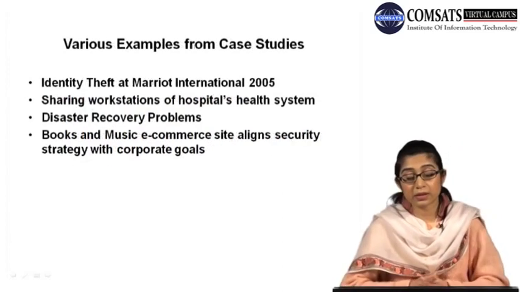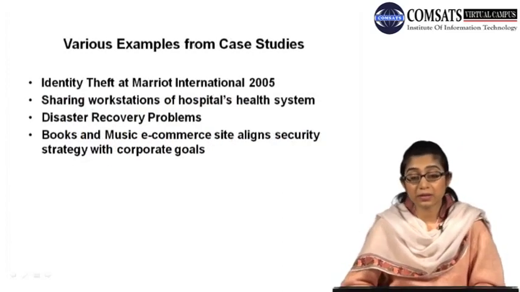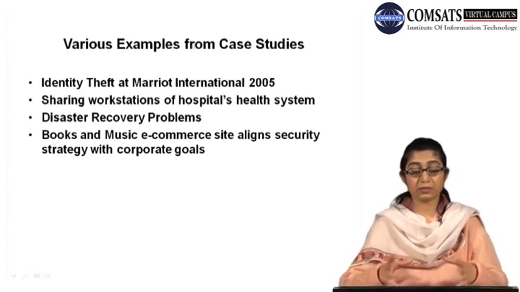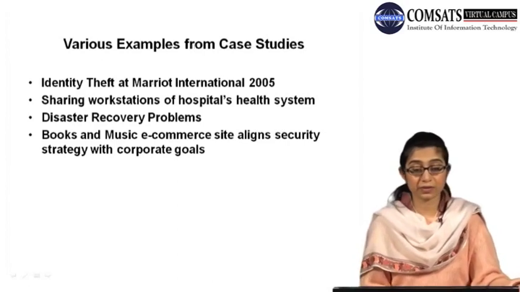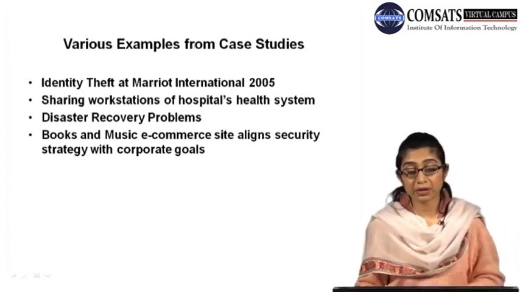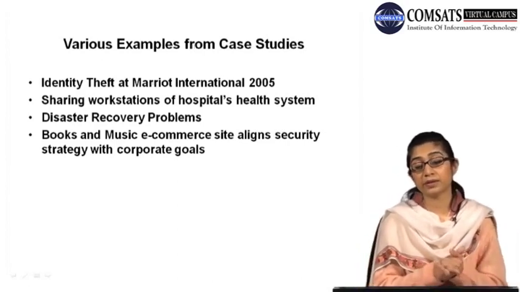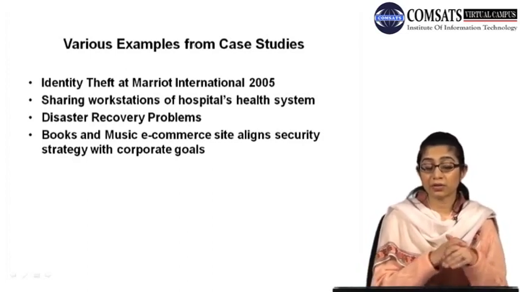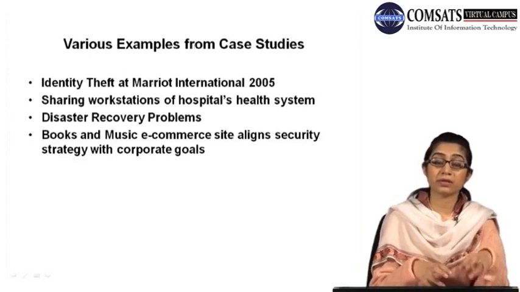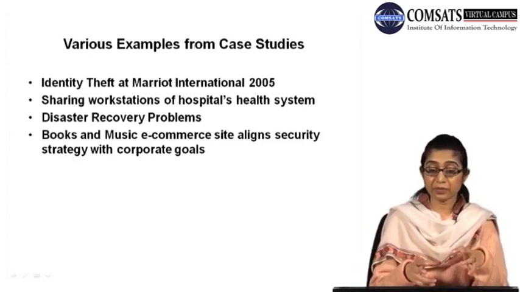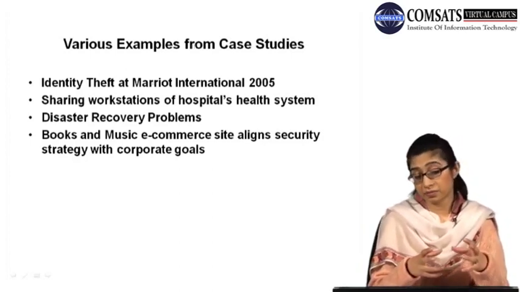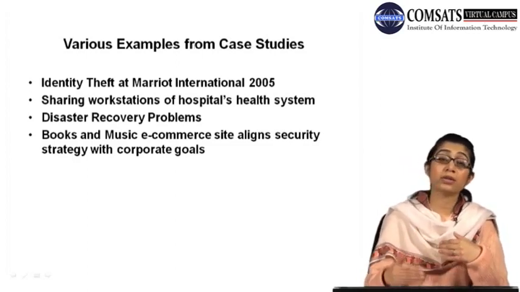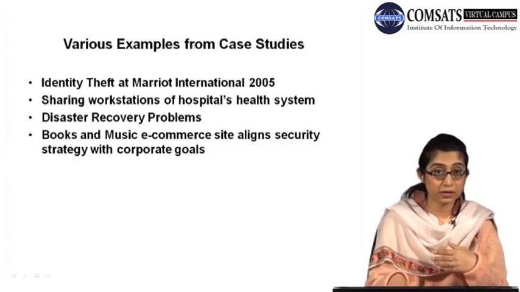Right, next is a list of different case studies जिसमें social और ethical issues different define किए गए हैं. Number 1 is the identity theft at Marriott International in 2005, जिसमें Marriott International को suffer करना पड़ा because of the identity theft, and because that not only steals the personal information of the person, but it also affects the organization as well.